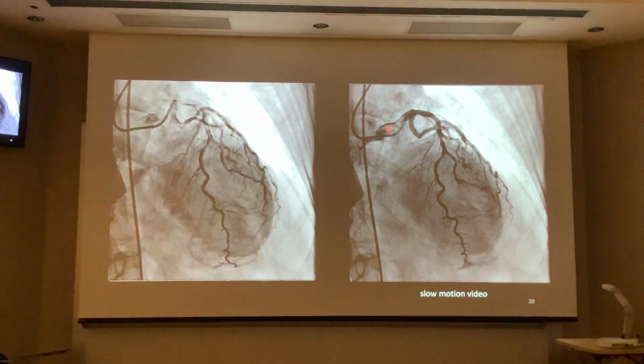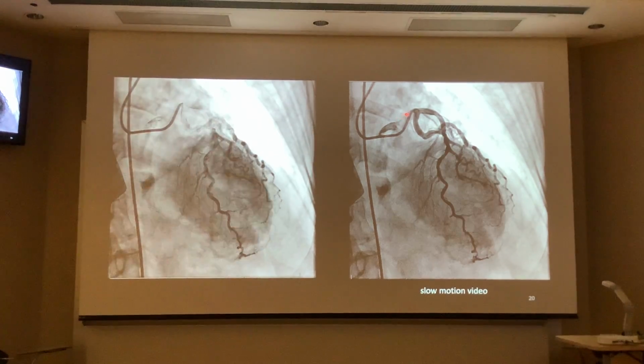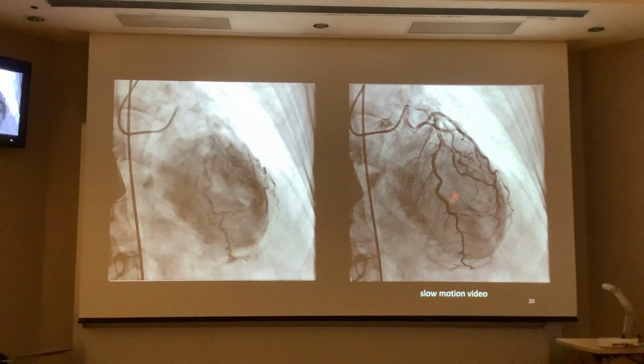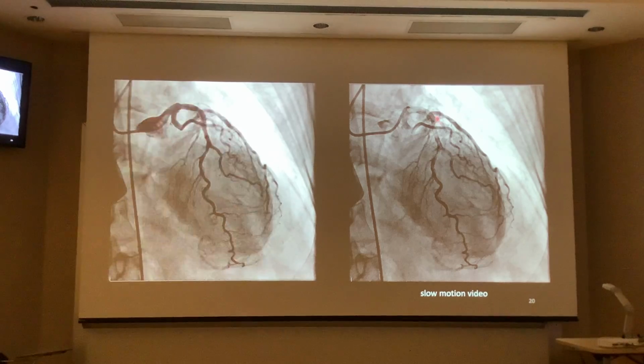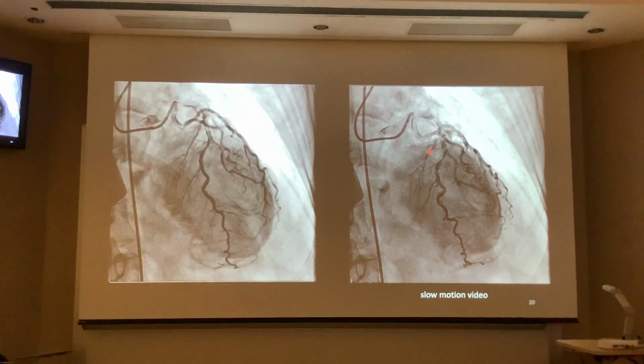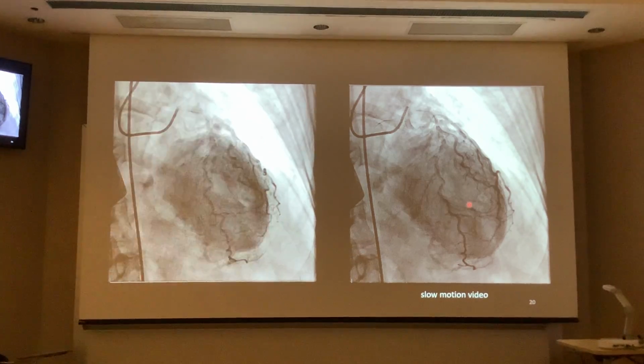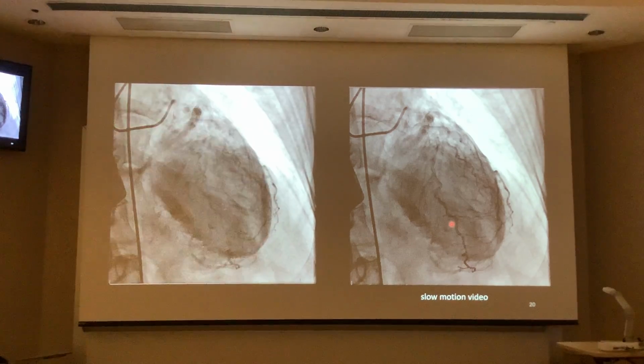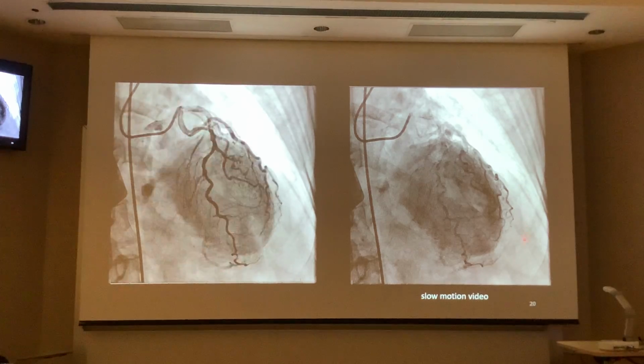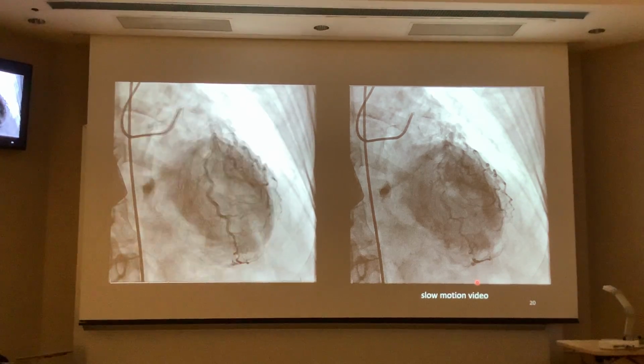So now the index artery is full. There's not much blood going through the left vein, but as the heart relaxes, you see the rush of white blood replacing the contrast in black over a great distance. And this continues until the contrast is completely wiped out of the myocardium.